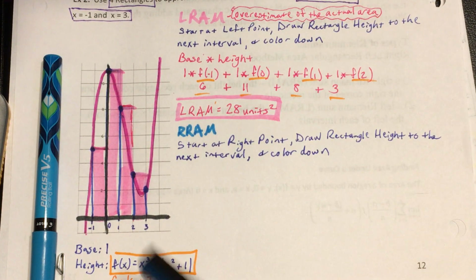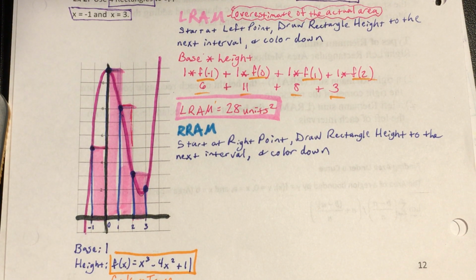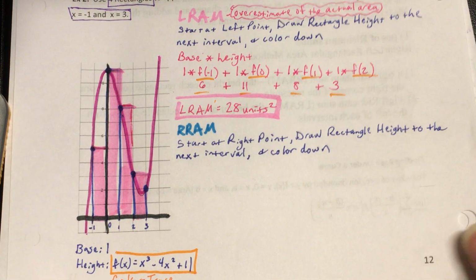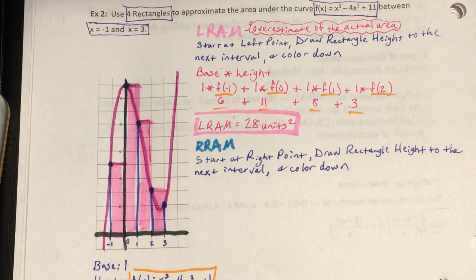And again, these two problems where we're doing LRAM and RRAM on the same graph, it does get a little bit messy as far as our work and what all those rectangles look like. So don't be afraid on these ones if your graphs do look a little bit messy, because on the problems on the next page and the page after that, we will only be doing one per problem.